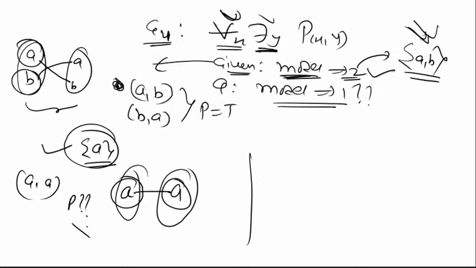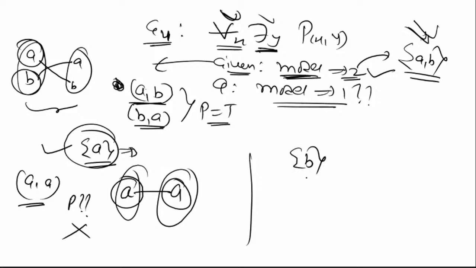No, we cannot guarantee, because from the given information, for this a comma b, p is true, and for this b comma a, p is true. But for this a comma a, we have no guarantee that p will be true. So for this domain, I cannot guarantee a model.